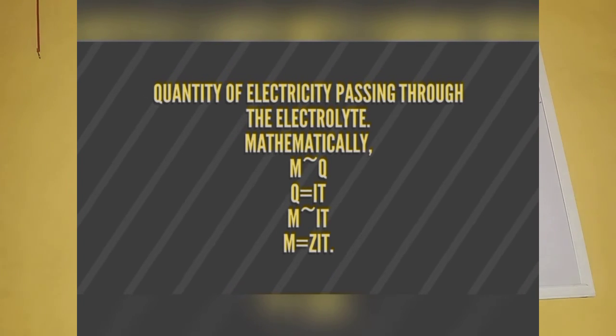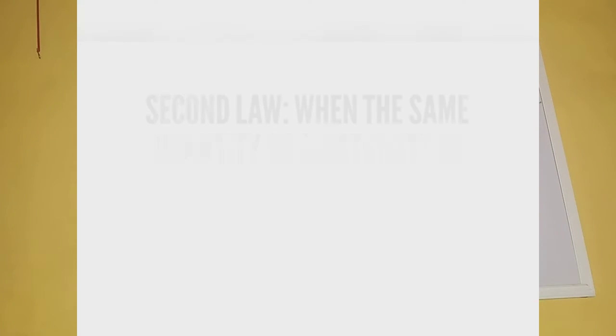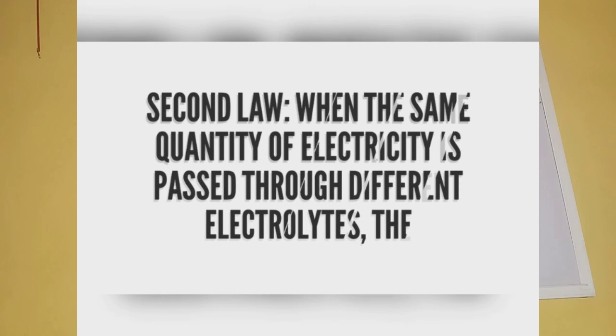The first law of electrolysis states that the mass of a substance deposited during electrolysis is directly proportional to the quantity of electricity that passes through it.